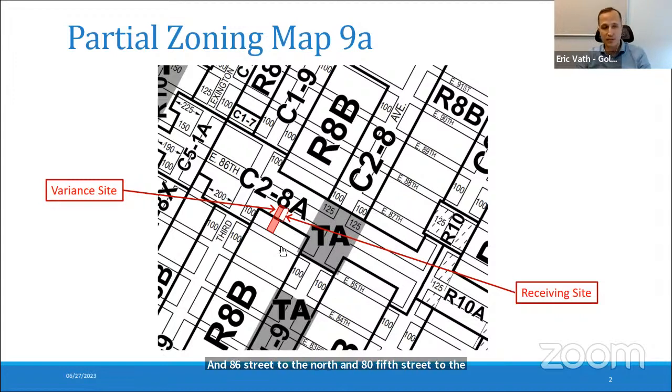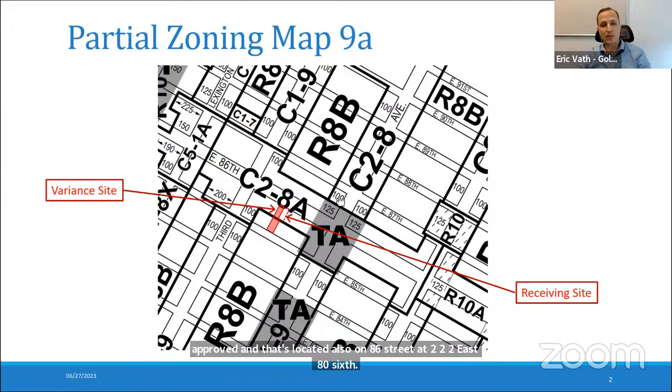It actually extends from 86th to 85th Street. The receiving site, we'll talk about this. This will be the recipient of development rights if this action is approved, and that's located also on 86th Street at 222 East 86th.